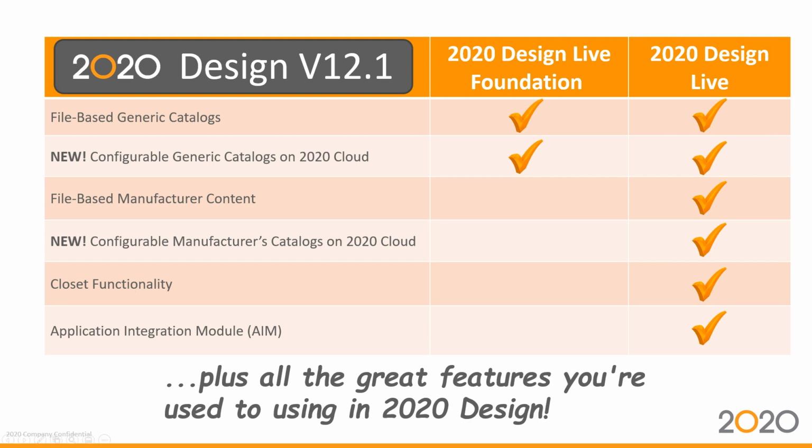And finally, more for an integration partner, we have an application integration module, which permits an integration with third-party products, so they'll be able to interpret the XML output of 2020 Design. That's a bit more in the high-end integration path, more for those hardcore integration partners.